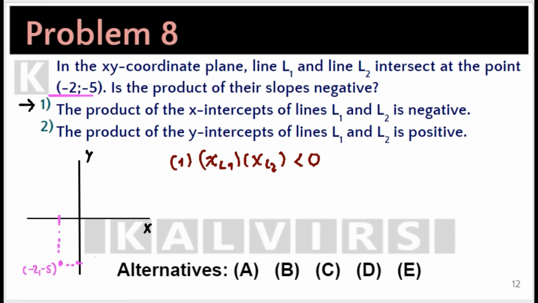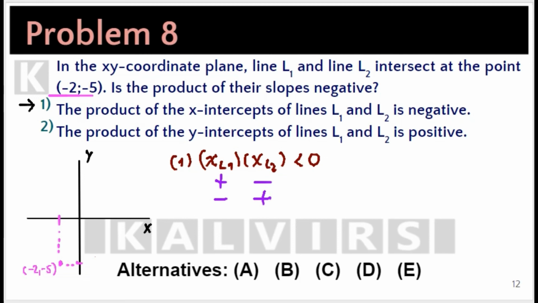Since the product is negative, one of the x-intercepts must be positive and the other one must be negative. It can be either positive and negative or negative and positive.